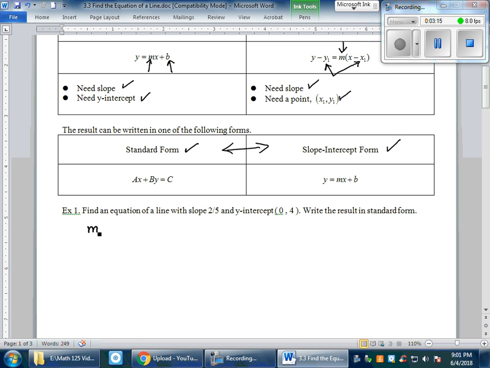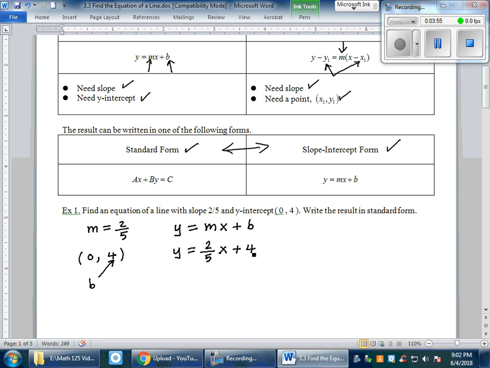I know the slope, which is 2 over 5, and the point that we have is (0, 4), the y-intercept. So this is my what? b. Therefore, I will start with the slope-intercept form, y equal to mx plus b, and substituting my information, my slope is 2 over 5 x, and then plus my b is 4.